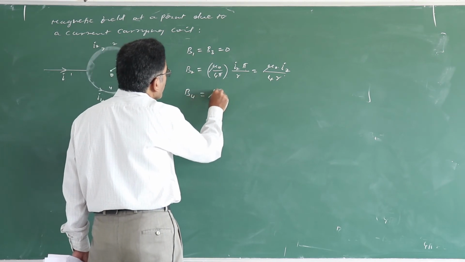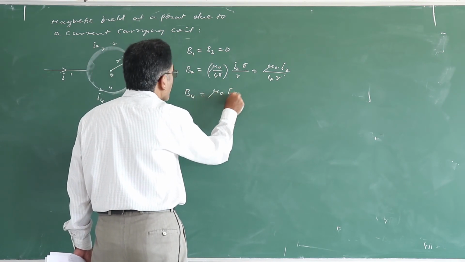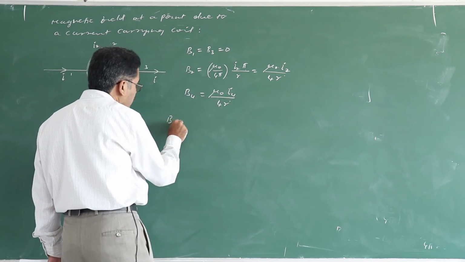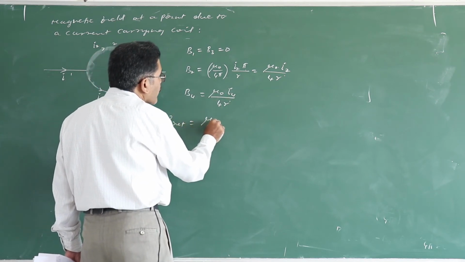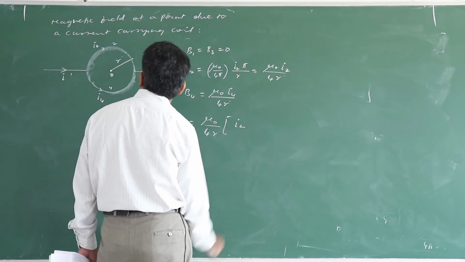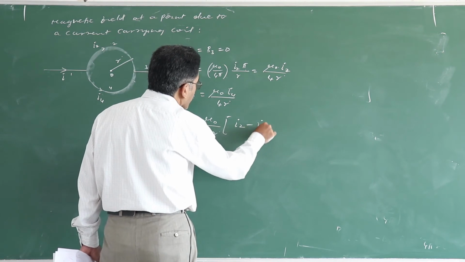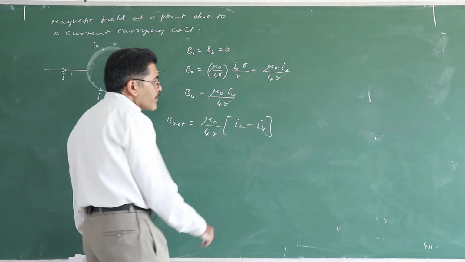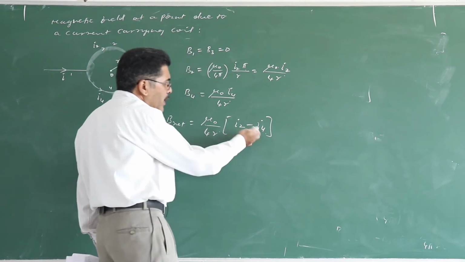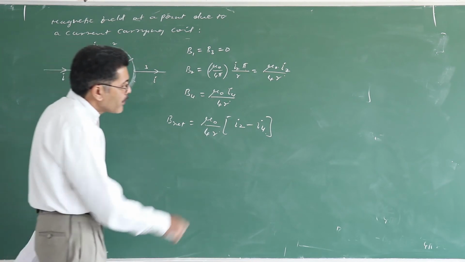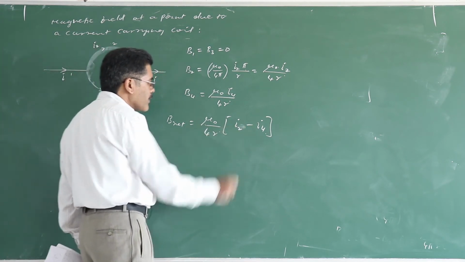B4 is equal to mu naught I4 divided by 4R. So what is the net magnetic field? Net magnetic field is mu naught by 4R I2 minus I4, or I2 difference I4. I4 minus I2 or I2 minus I4, whichever the greater, you must take it. You must take the difference.